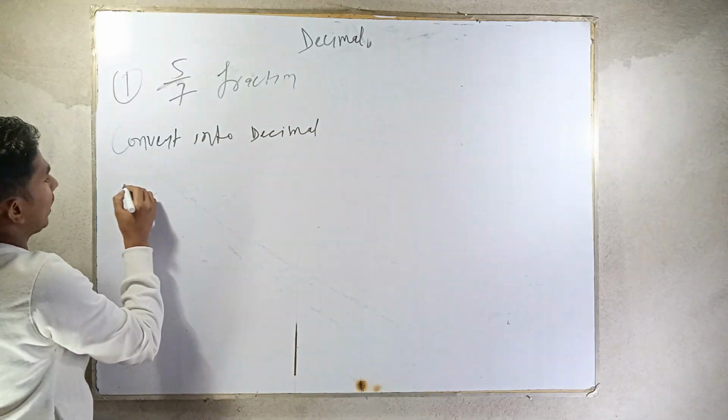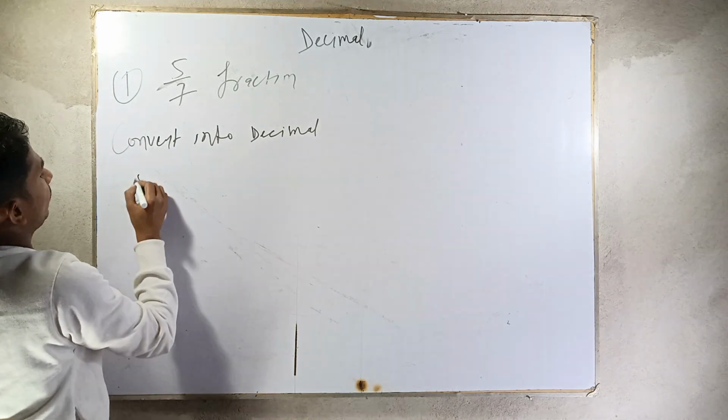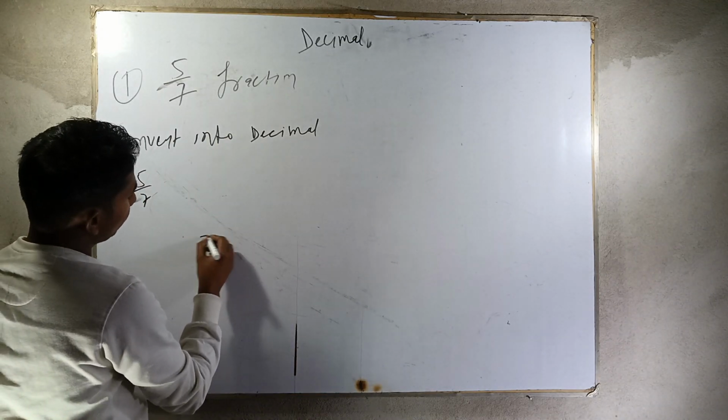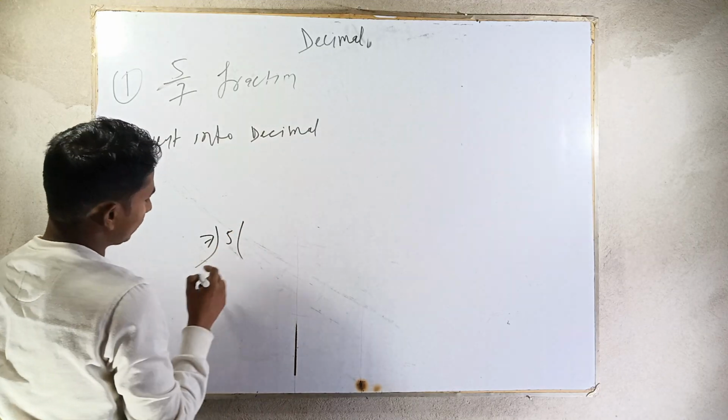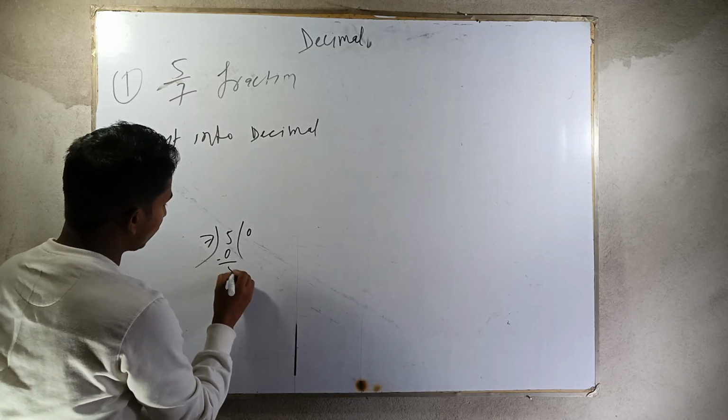So if I divide 5 by 7, it means 5 is divided by 7. 7 times 0 is 0, and the value is 5.